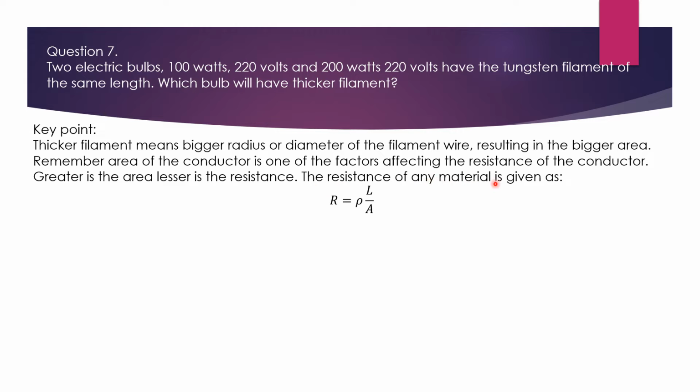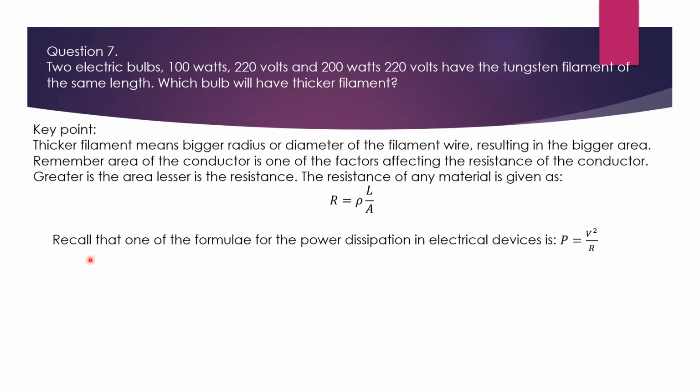The resistance of any material is given as R equals resistivity rho L divided by A. That means more length, more resistance; more area, lesser resistance. Now recall that one of the formulas for the power dissipation in electrical devices is P equals V squared over R. If we make R the subject, R becomes equal to V squared over P. Now note here, if we increase the power P, we will be reducing the resistance.